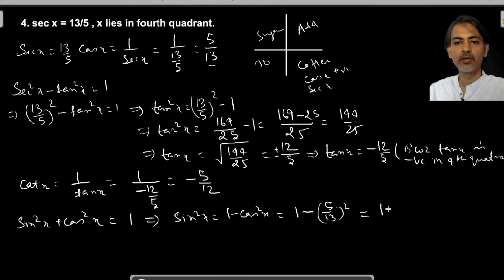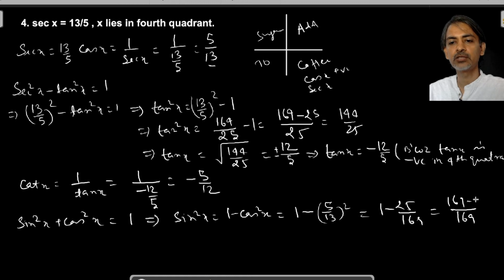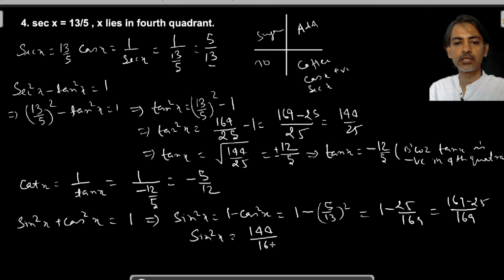So it will be 1 minus 25 by 169. 169 would be the LCM, so it will be 169 minus 25. So my sin square x would be 144 divided by 169.